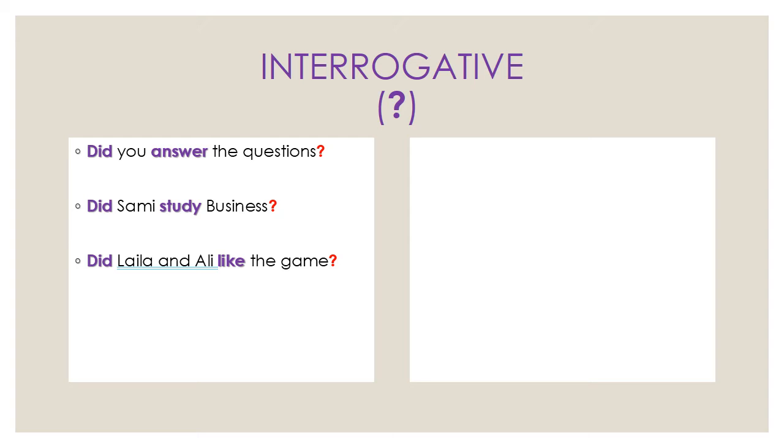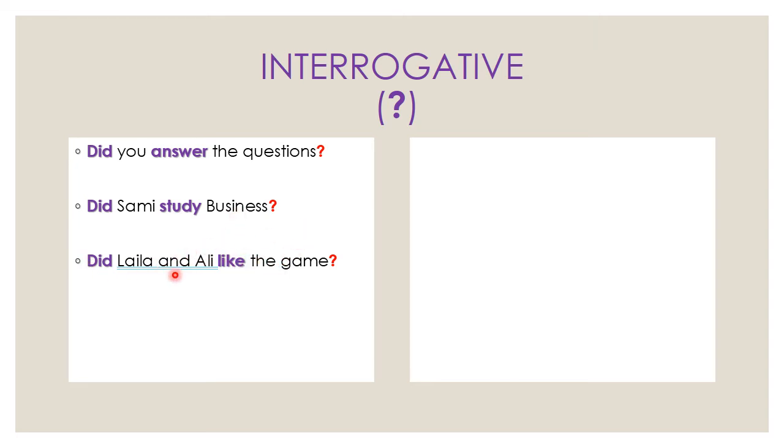We move to the interrogative form. Did you answer the questions? Did Sami study business? Did Layla and Ali like the game? Okay, so here what we do, auxiliary to do in the past plus subject plus the main verb, and we finish the sentence with the question mark. Never forget the question mark. Did Sami study business? Did Layla and Ali like the game?